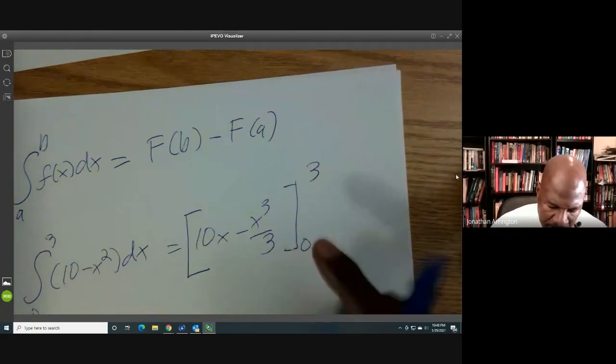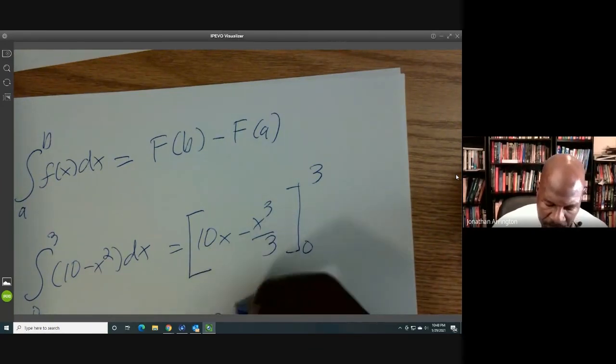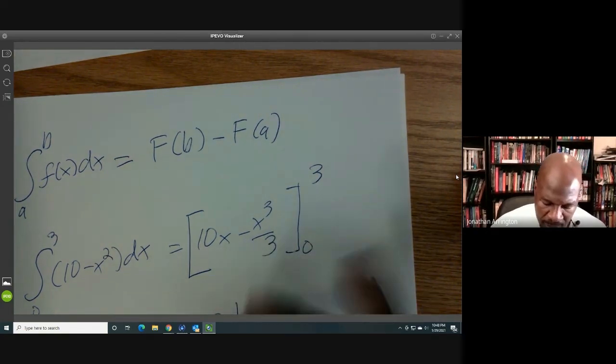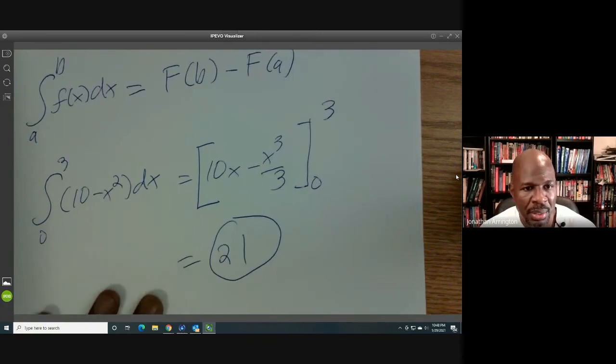And if we plug in 3, we'll get 30 minus 27 over 3, or 30 minus 9, which is 21. And of course, we plug in 0, we get 0. And so that's how we know our answer is 21.